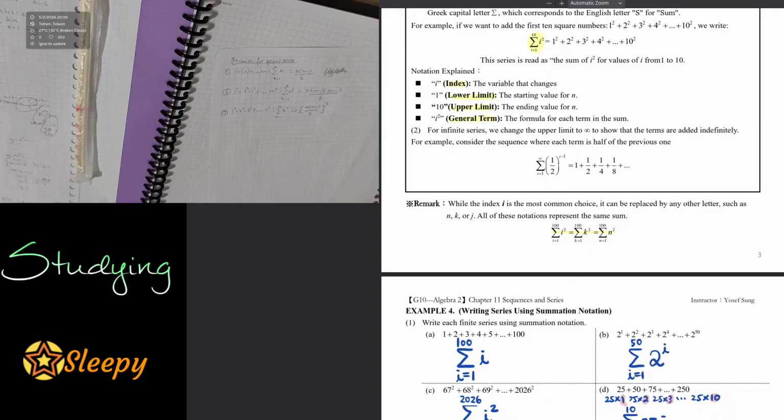So 20 times 21 divided by 2. So it's n plus 1. Probably a sigma resolution. Sigma, let's see, be a constant.